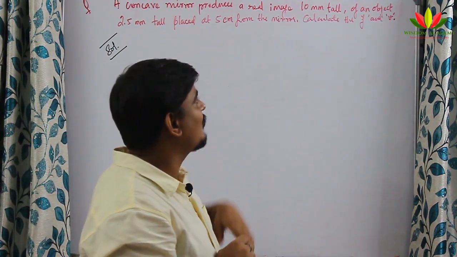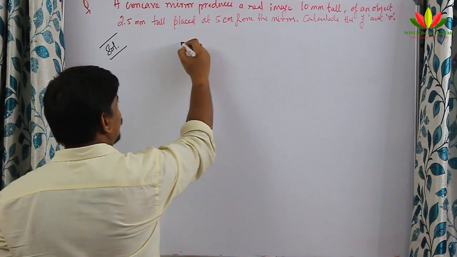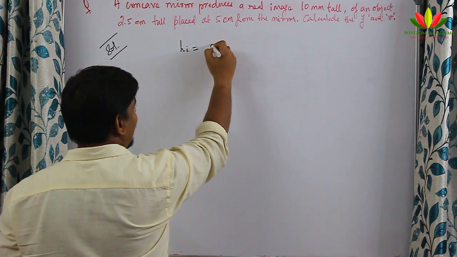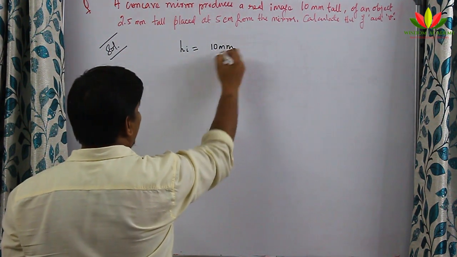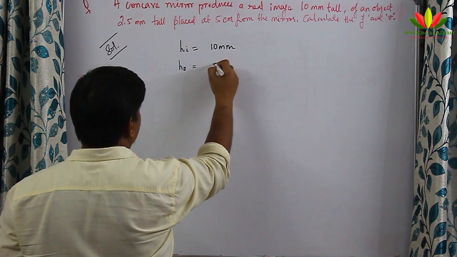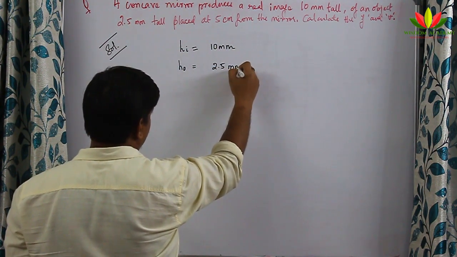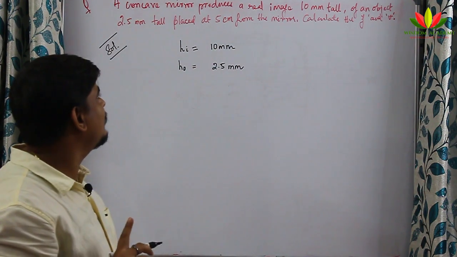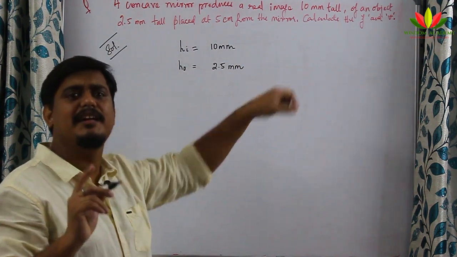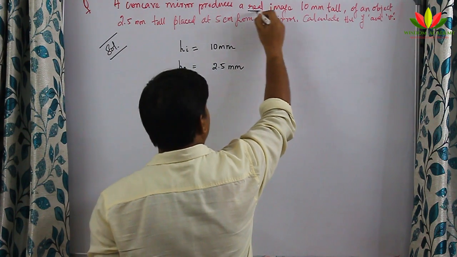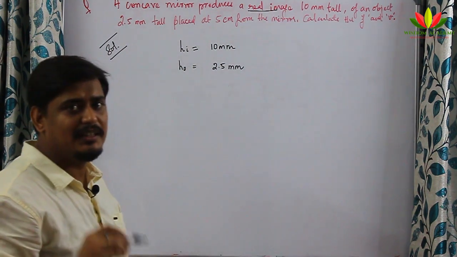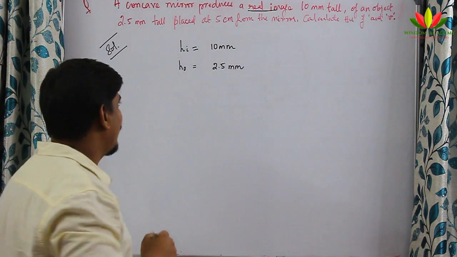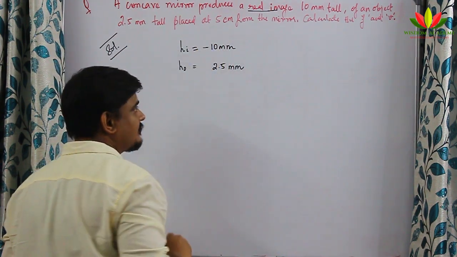They have given the height of the image. So h of the image is given to you as 10 mm. Height of the object is given to you as 2.5 mm. One more thing, when they have told the image is real, definitely it will be inverted. When the image is a real image, it will be inverted, and if the image is inverted, height of the image will be negative.